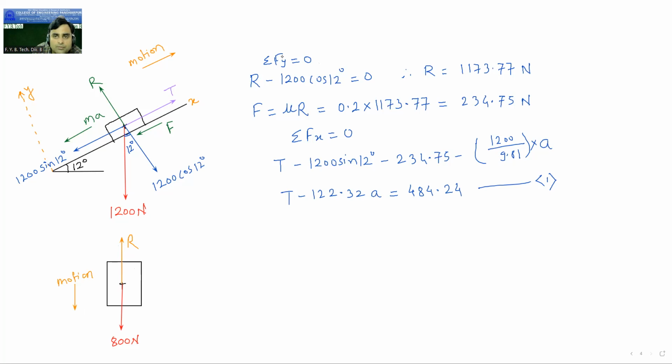Therefore, the inertia force will act opposite to the direction of motion. This is MA. Okay. So now here, if you apply summation Fy equal to 0, what will you get?